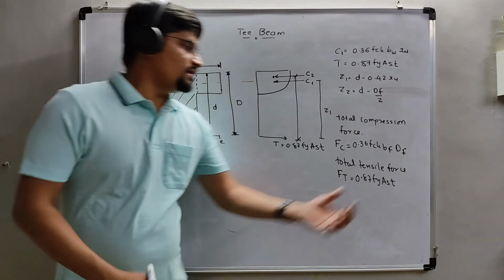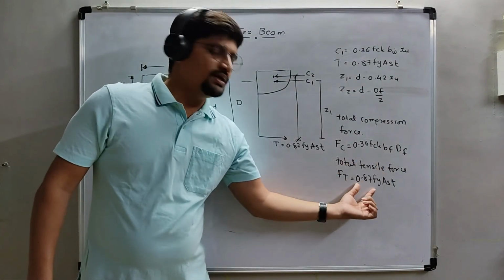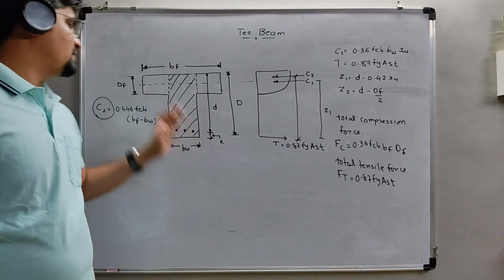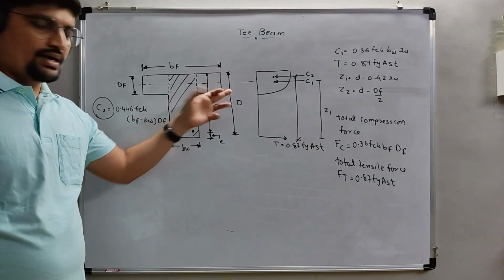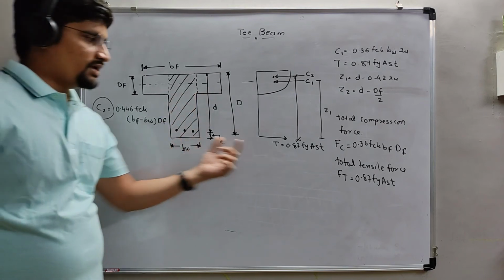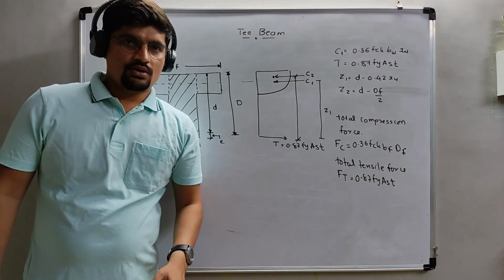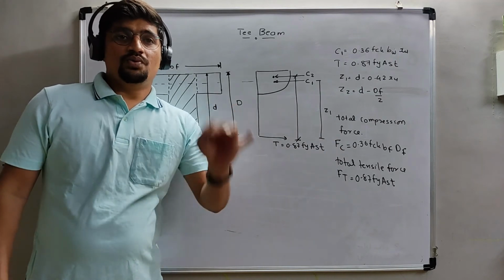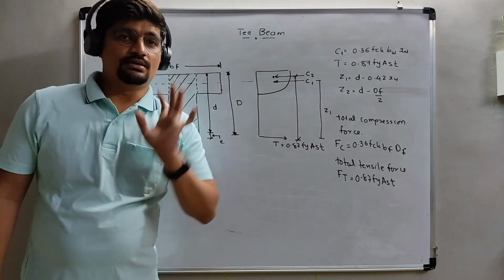So this is only compressive force and this is only tensile force. Compressive force is 0.36 fck bf into Df and tensile force is 0.87 fy Ast. By this we can decide in which portion the neutral axis is.